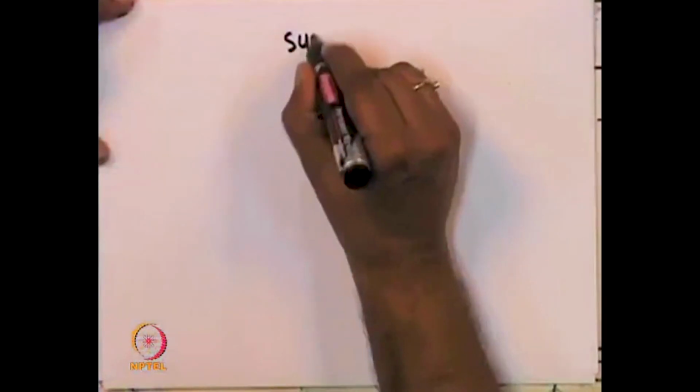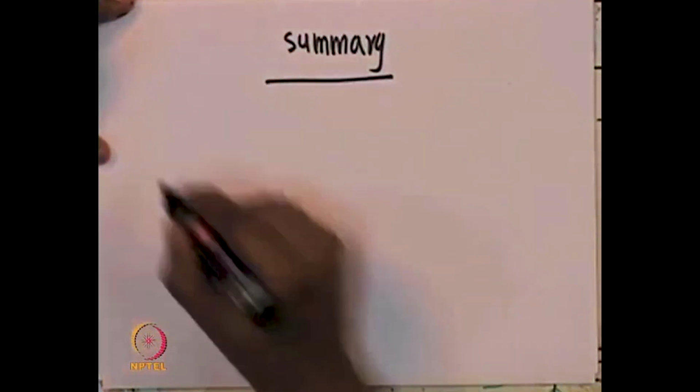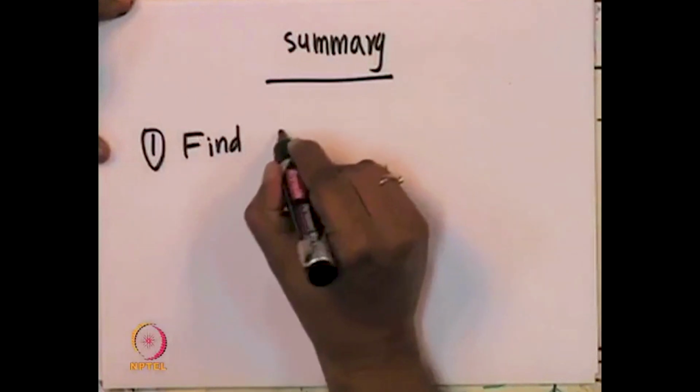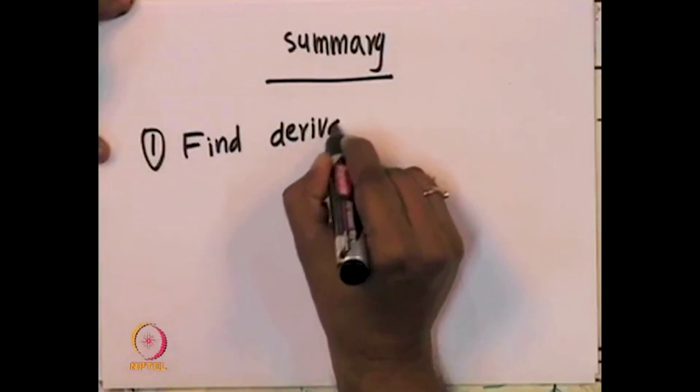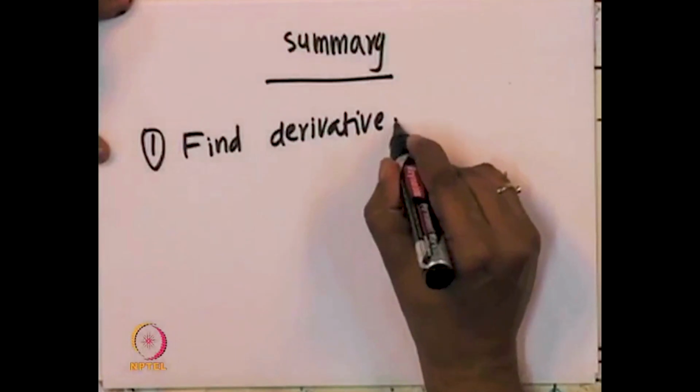So the summary. Two things we learned. One, find the derivative.